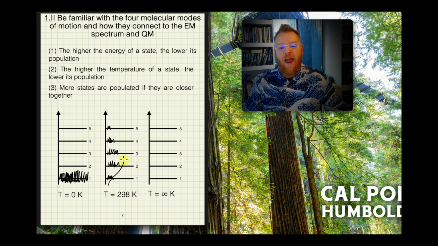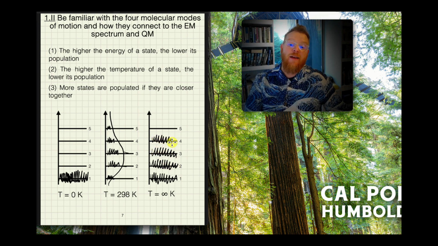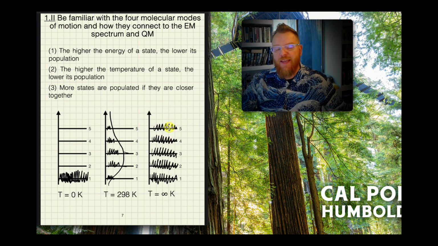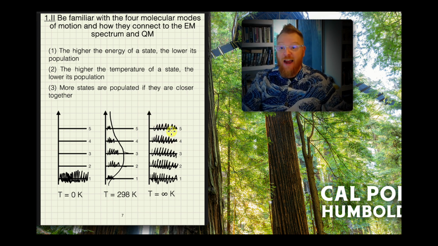If we graphed it, we would see some distribution corresponding to some maximum populated state. And if we could achieve such a thing as infinite Kelvin, then technically all of these states would have uniform population, which, as we might imagine, is not possible. But we can see that would be the case as we approach higher and higher temperatures.